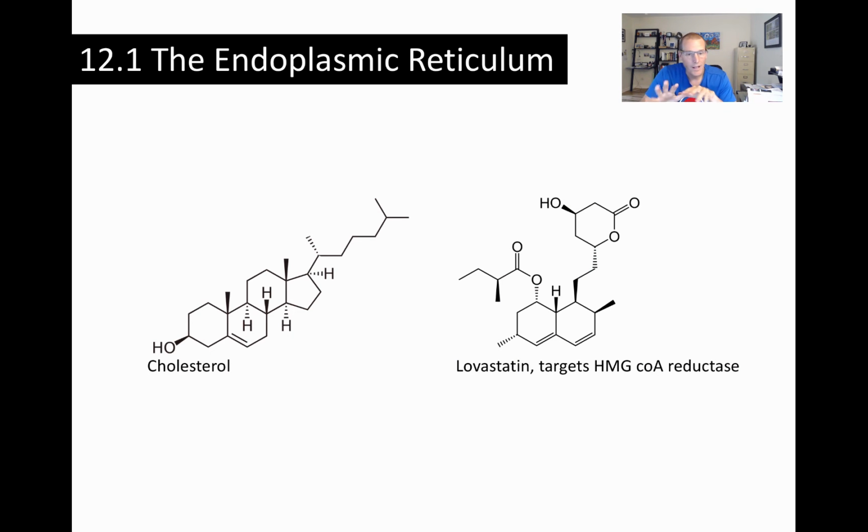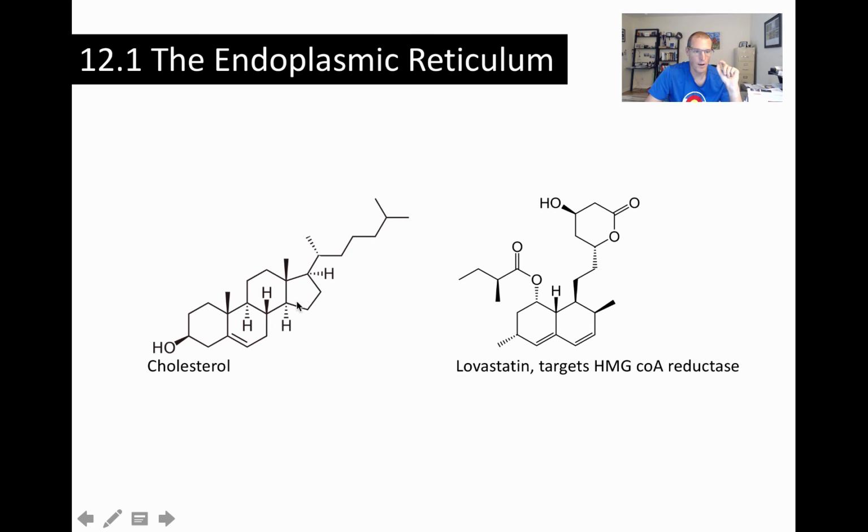So let's just look at cholesterol synthesis and at an example of a drug that interferes with that. If you look at molecules like cholesterol and cortisol, which is an important regulatory hormone that you'll learn about if you take physiology, cell signaling or endocrinology, and any other steroid hormones, testosterone, progesterone, estrogen, they've all got this kind of four ring structure.